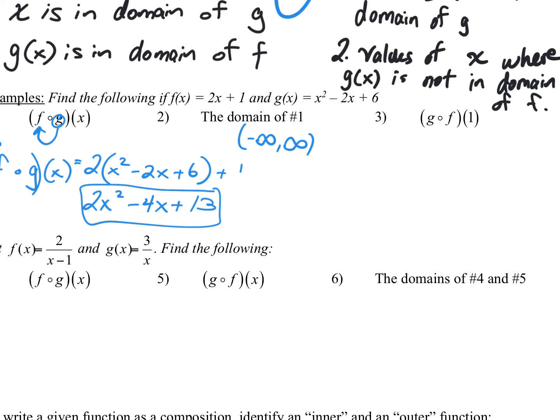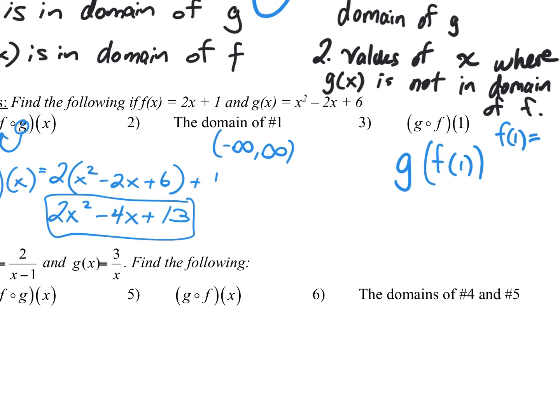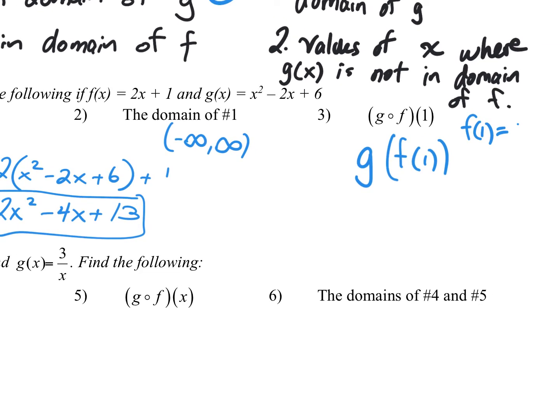This is telling us to take f of 1 as an input into g. So what do we get when we plug 1 in for f? 2 times 1 is 2, plus 1 is 3. So we can replace that f of 1 with 3.